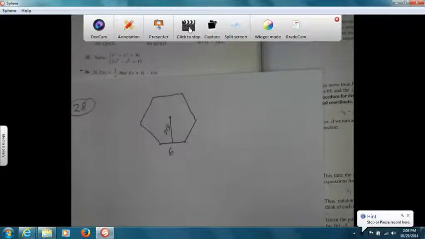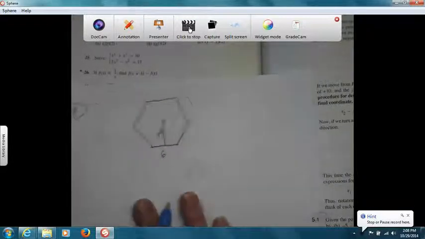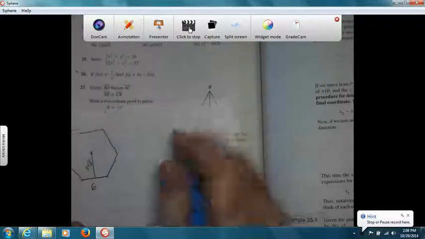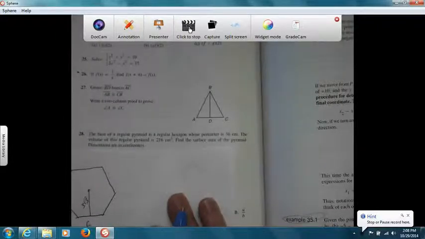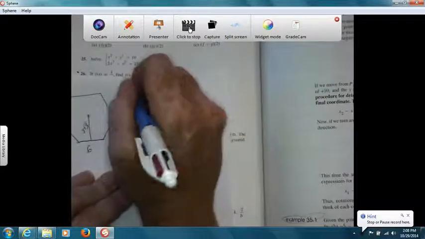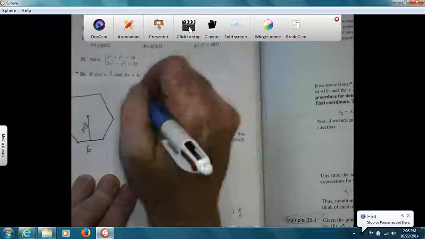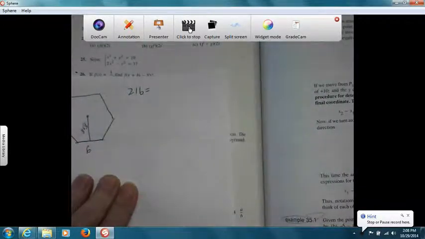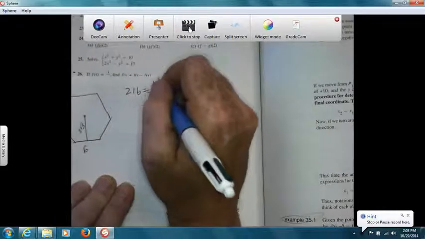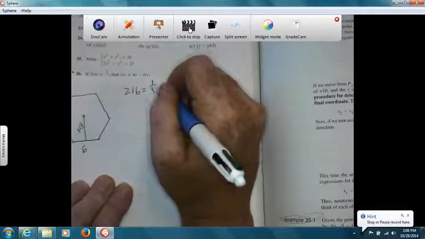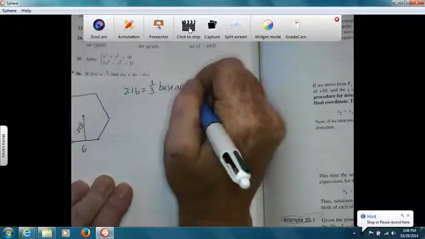It told me that the volume was 216, and I know a little formula for volume. Volume of a pyramid is 1/3 times base area times height.